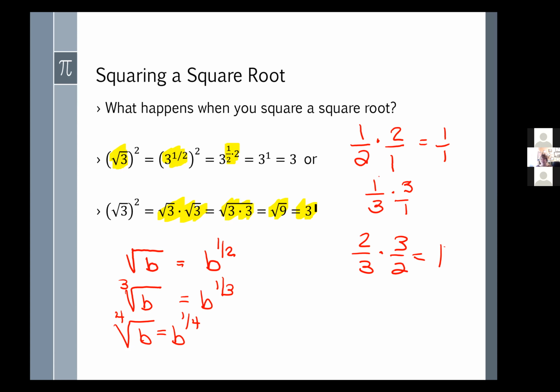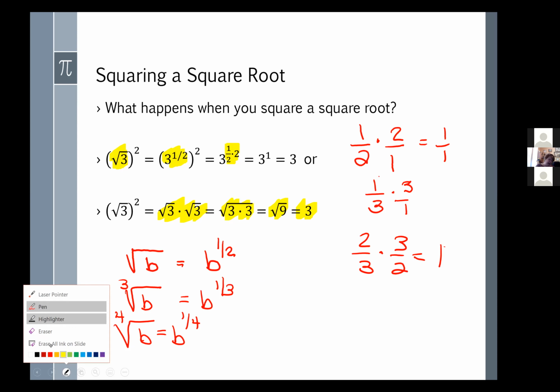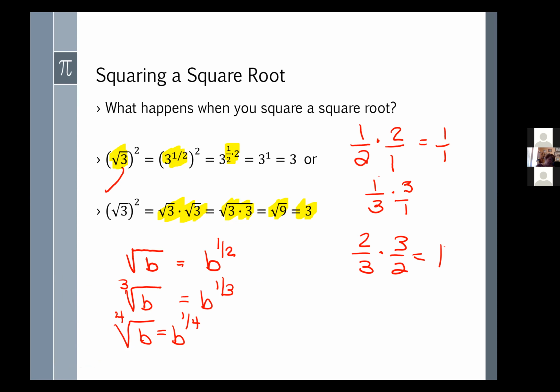So what happens when you square a square root? You get rid of the square root symbol, and you end up with just the radicand. And now, again, what's the radicand? The radicand is the stuff underneath the square root. So the radicand here is 3.